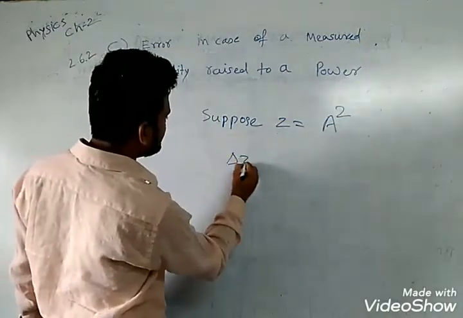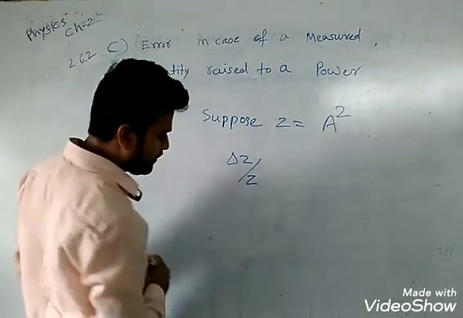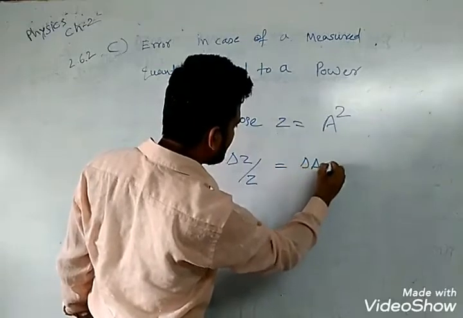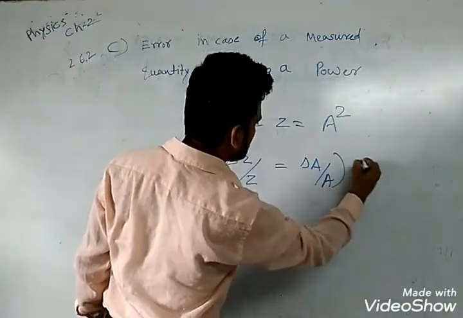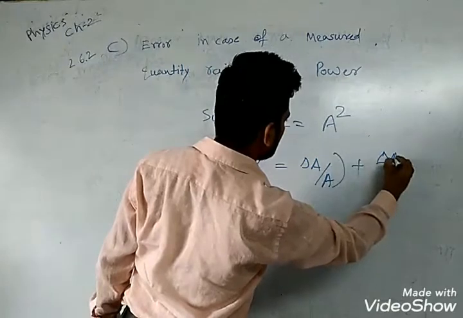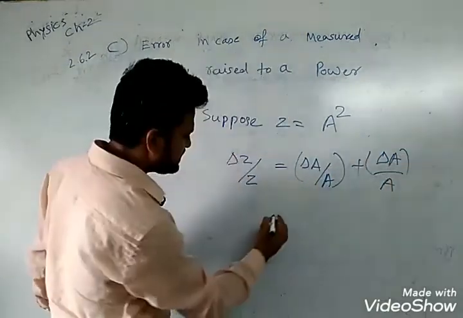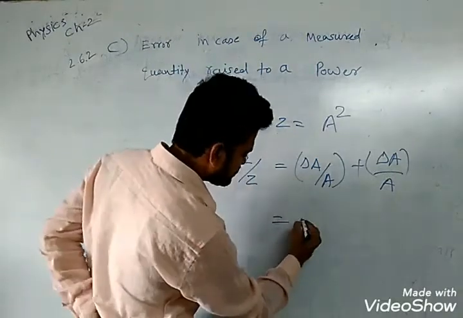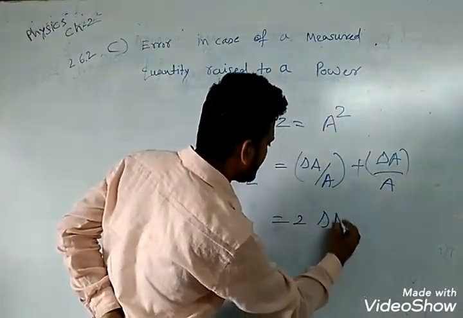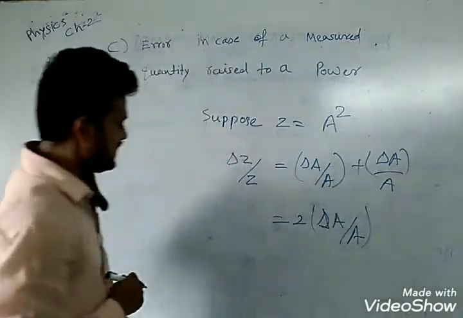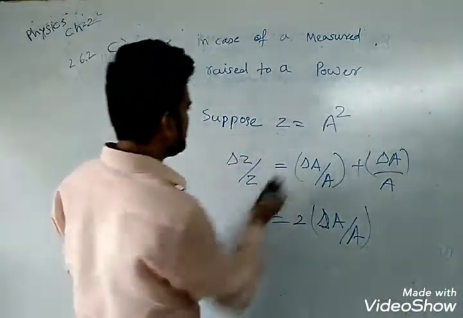Means delta Z upon Z is equal to delta A upon A plus again delta A upon A, means is equal to 2 delta A upon A.